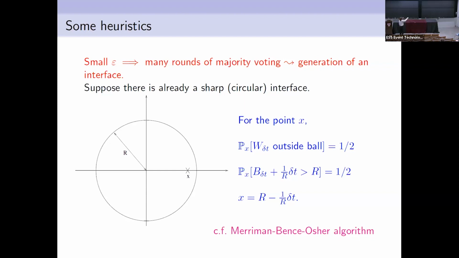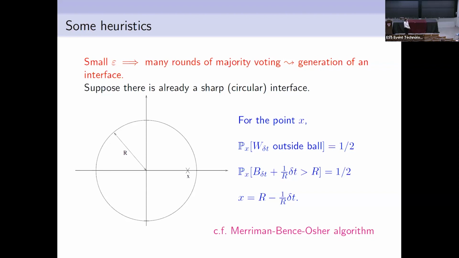And we're asking for the point x so that the probability that that is bigger than R, so that W lies outside the ball, is equal to a half. But then I just rearrange this, right? That's the probability that B delta t is bigger than R minus 1 over R delta t. And one-dimensional Brownian motion is just symmetric about the origin. And so that says I must choose x to be R minus 1 over R times delta t.